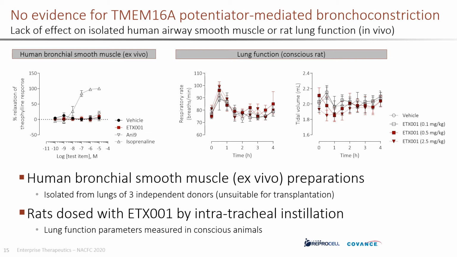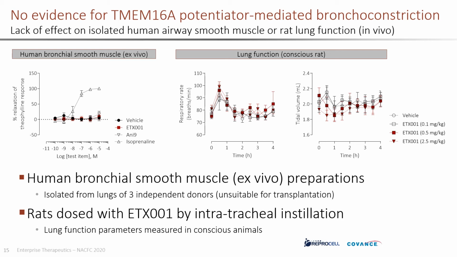And you can see in these studies, neither the TMEM16A potentiator 001 up to concentrations of 10 micromolar or ANI9, a potent TMEM16A blocker, were able to influence the tone in these freshly isolated human bronchial samples.